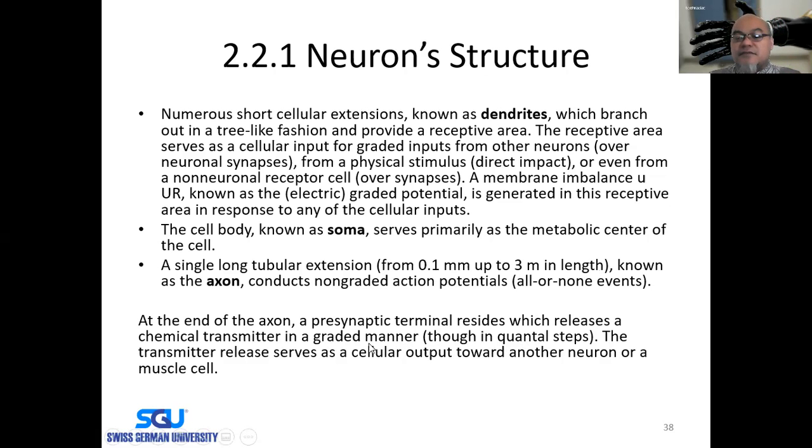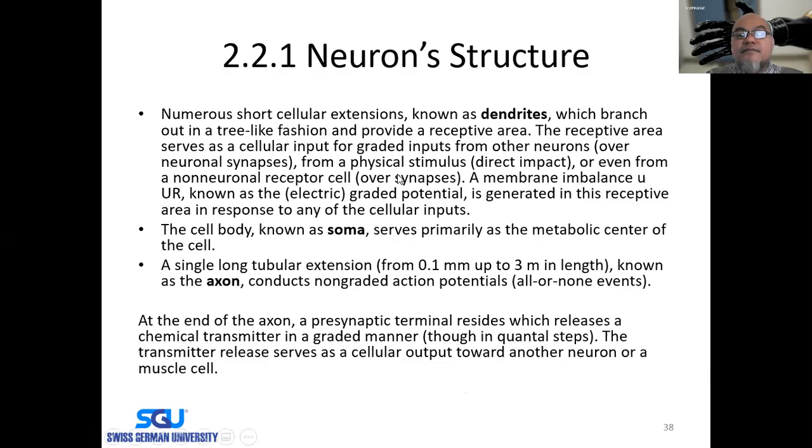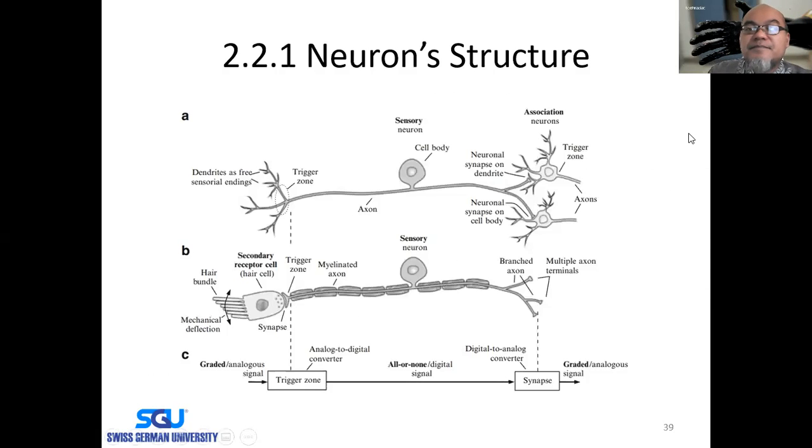The transmitter will be released based on the potential across this axon. And then the transmitter release will serve as a cellular output towards other neurons or the muscular cell. If this neuron is connected to a muscle cell, then it is a motor neuron.